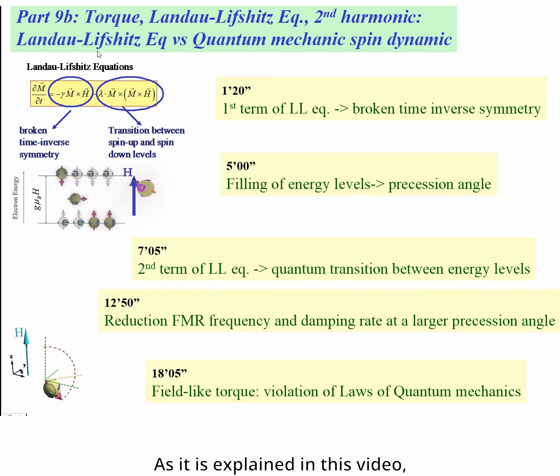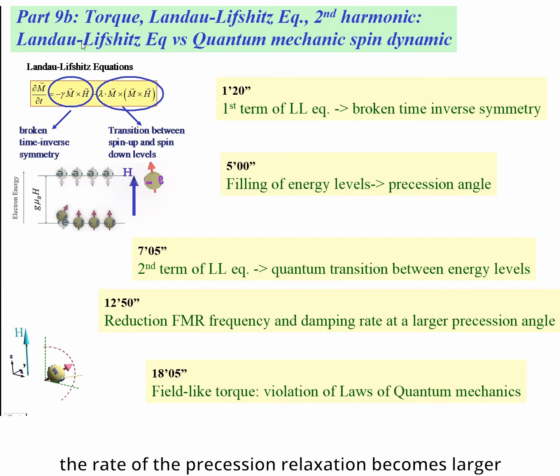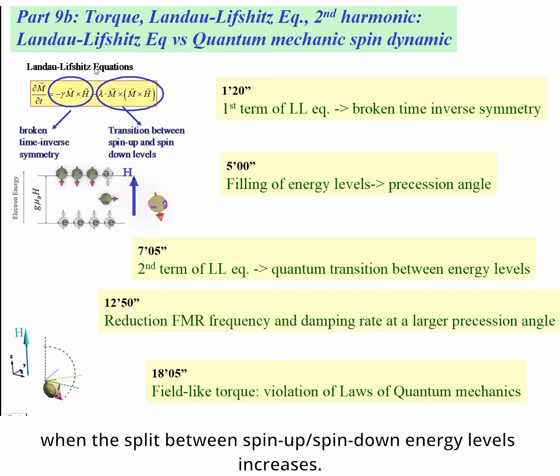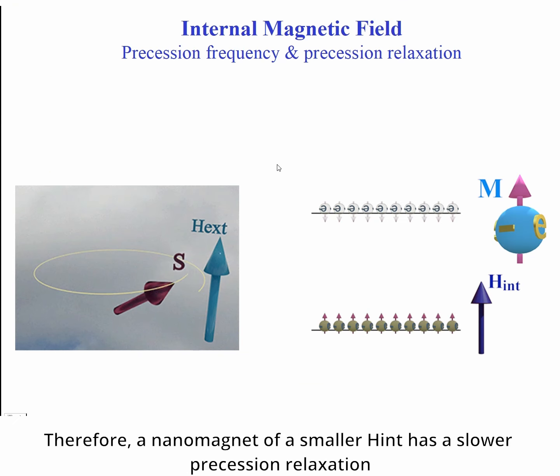As it is explained in this video, the rate of precession relaxation becomes larger when the split between spin-up and spin-down energy levels increases. Therefore, a nanomagnet of smaller internal magnetic field has a slower precession relaxation rate.